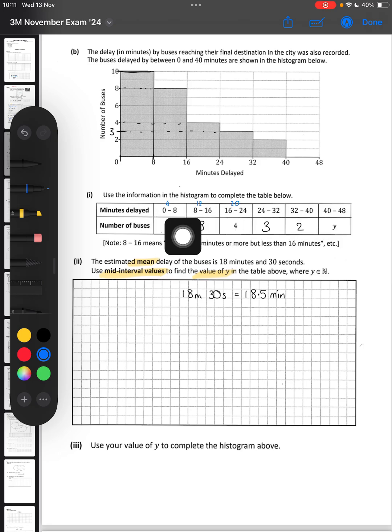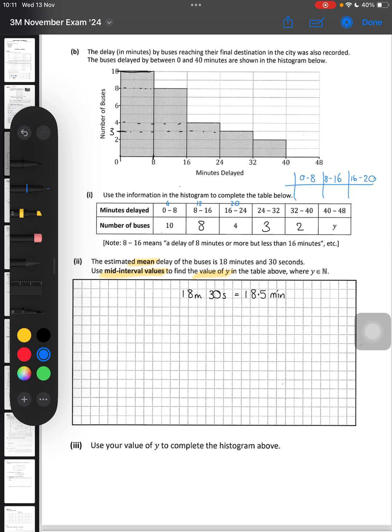Don't just notice that it's 4 more than the smaller one. The intervals could change. Here, all the intervals have a value of 8 between them. But there are questions where, let's say it was 0 to 8, 8 to 16, and then 16 to 20.